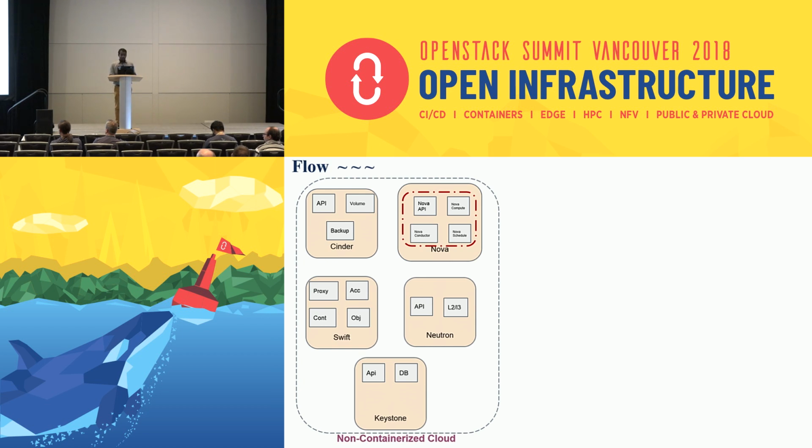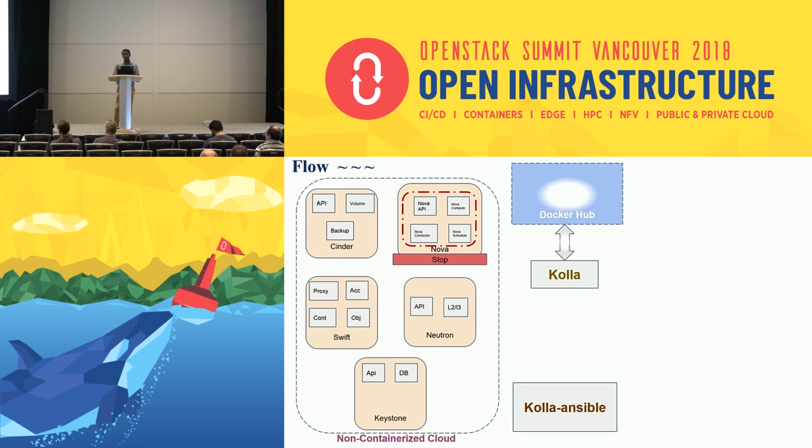First we have to stop that service, or you can stop the node itself, to have consistency in copying the data and configuring the Nova service. And we have Kolla and Kolla Ansible. Kolla gives the Docker images for all the sub-components of Nova, like API, scheduler and compute.